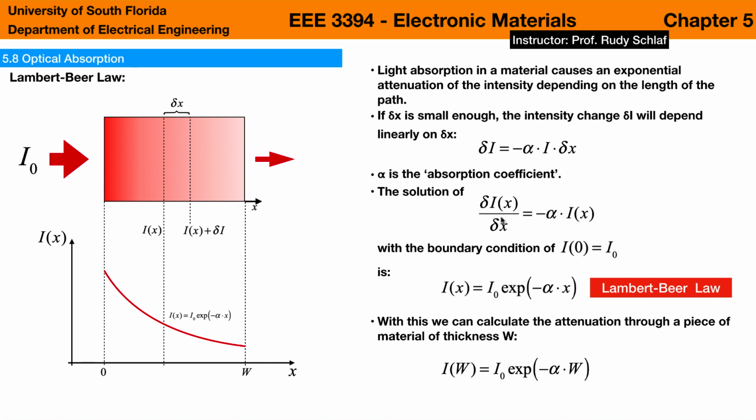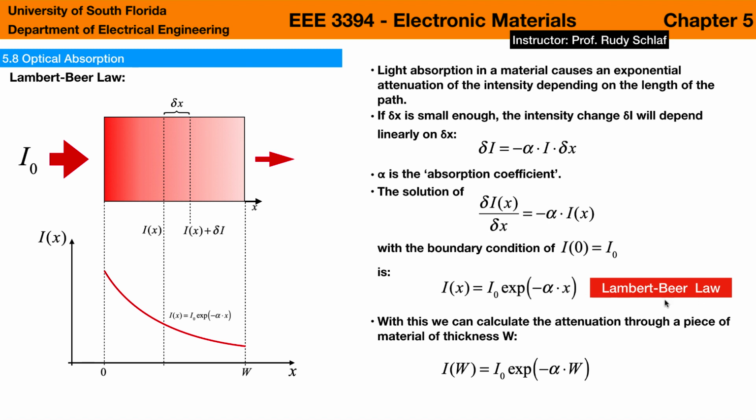And if you look at it, it's a first order differential equation where the differential is equal to a constant times the function, and that usually has an exponential function as solution. And so we get this formula here that states that the intensity at a certain location x is the original intensity times the exponential function of minus absorption coefficient times the distance the light is going through the material.